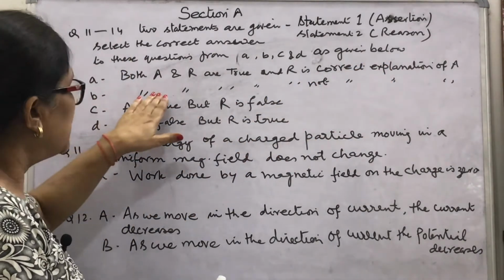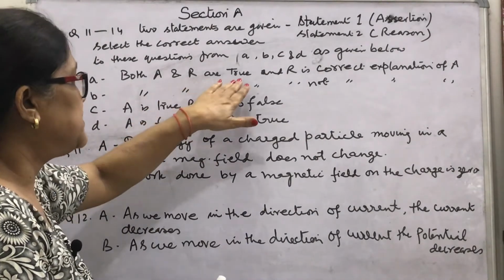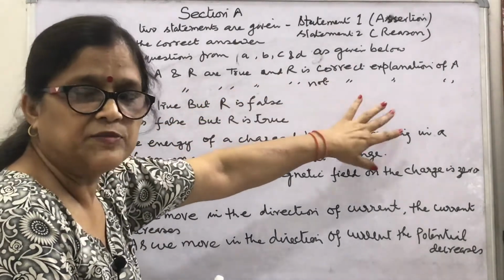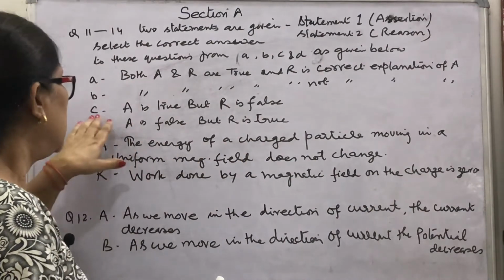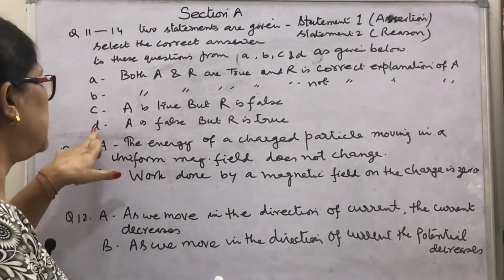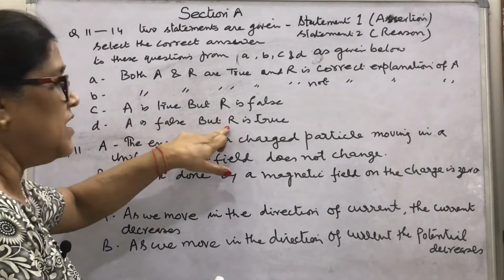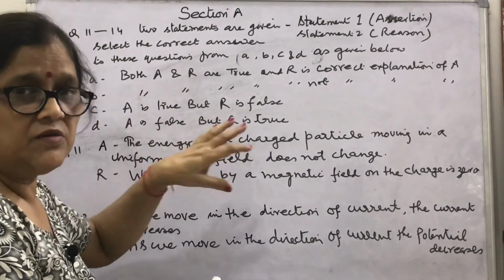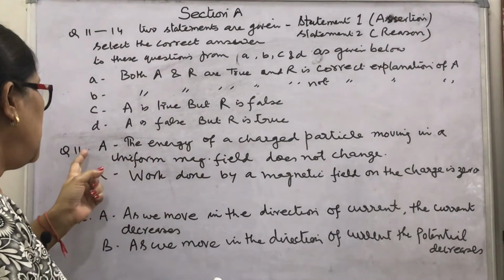Second says both A and R are true, but R is not the correct explanation of A. C option says A is true but R is false, and D option is A is false, R is true.